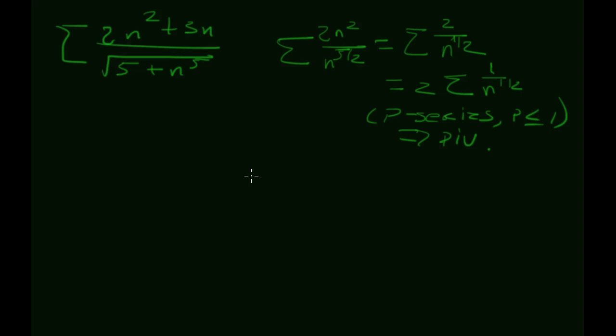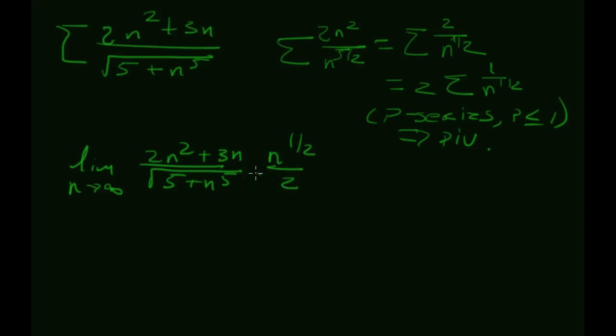So let's take the limit as n approaches infinity of a_n, so that's going to be 2n squared plus 3n over the square root of 5 plus n to the 5th, times this guy, right? So this is n to the 1/2 over 2, so we're going to flip that over, because we're dividing by it, which means we're multiplying by the reciprocal, right?